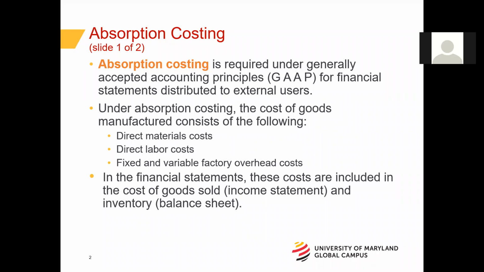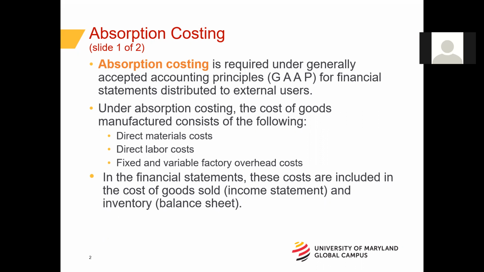The inventory that we sold is the cost of goods manufactured: direct materials, direct labor, factory overhead, which goes into the cost of a finished product. As it goes into finished goods inventory and we sell it, it becomes cost of goods sold.